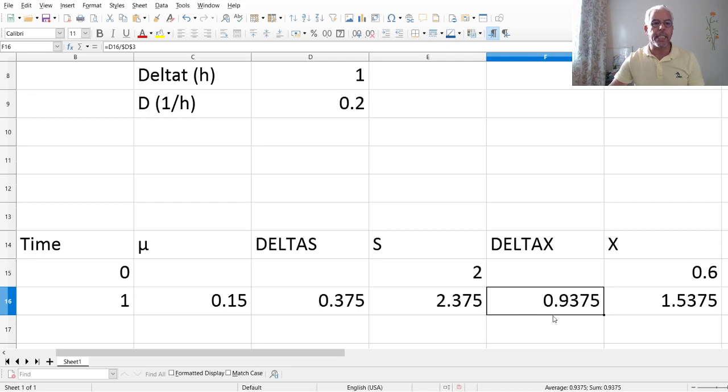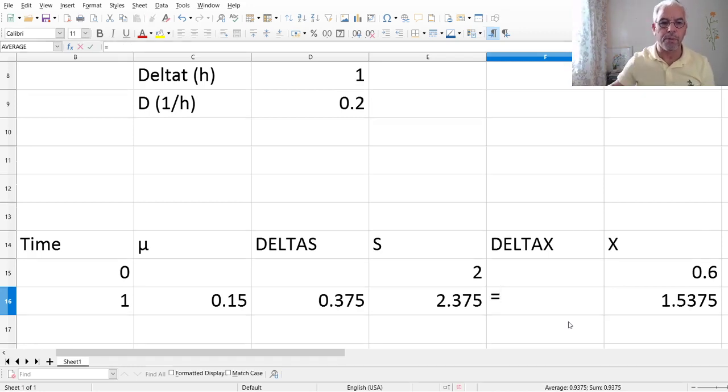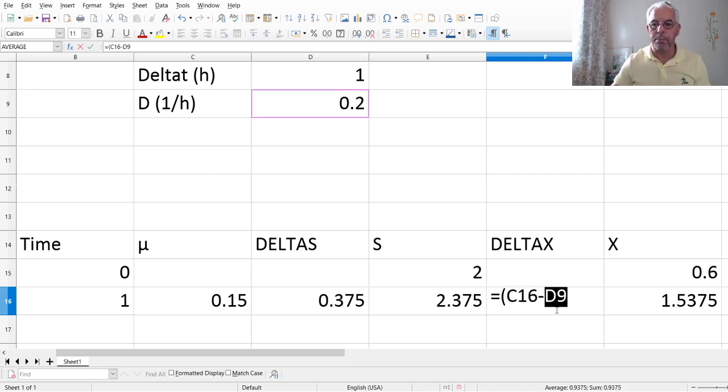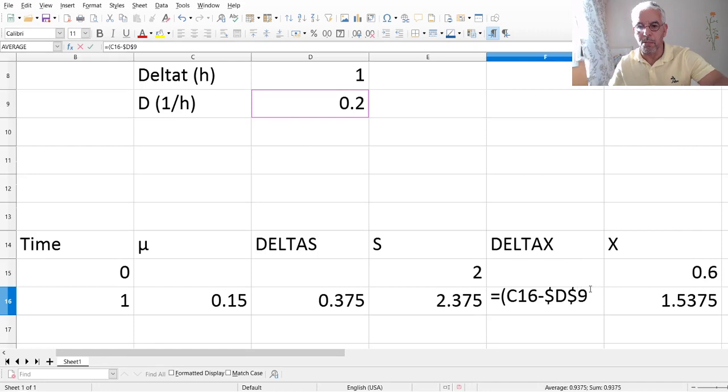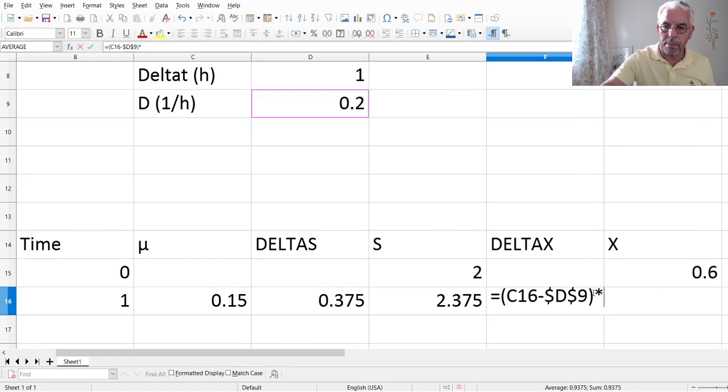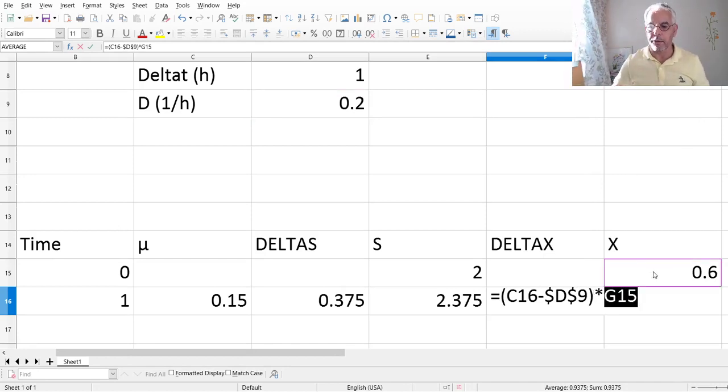For delta X, it's going to be mu minus D. We're going to put some dollar signs here, times X, which is the X that we had before, times delta T, the time.